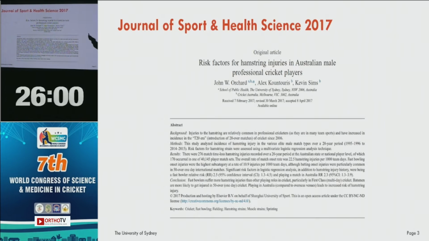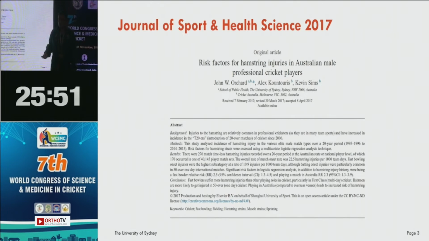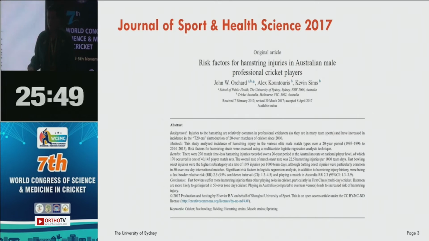And then batters get hamstring strains in white ball cricket, but more so we found 50 over cricket than 20 over cricket. So the highest risk format for a batter was 50 over cricket, not 20 over cricket. But they are still quite common in 20 over cricket as well. But it's more the batters and fielders in T20 cricket, and it's more the fast bowlers in red ball cricket.